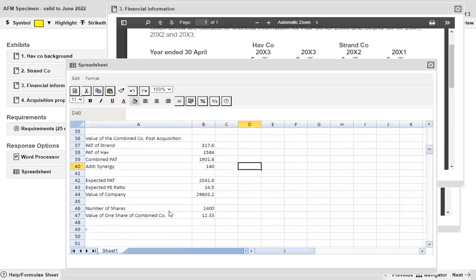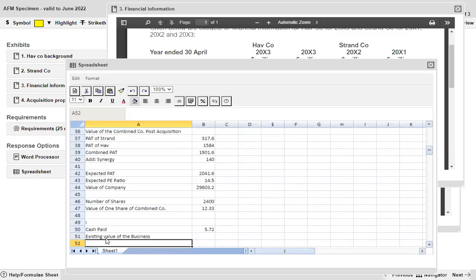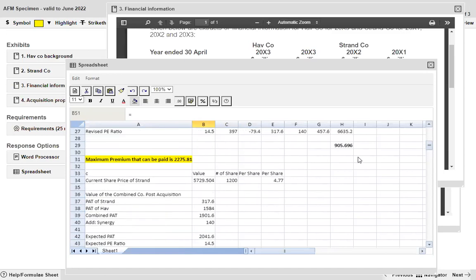4.77. Now in case number 1, the cash paid is 5.72. The existing value of the business is what? Is 4.77.